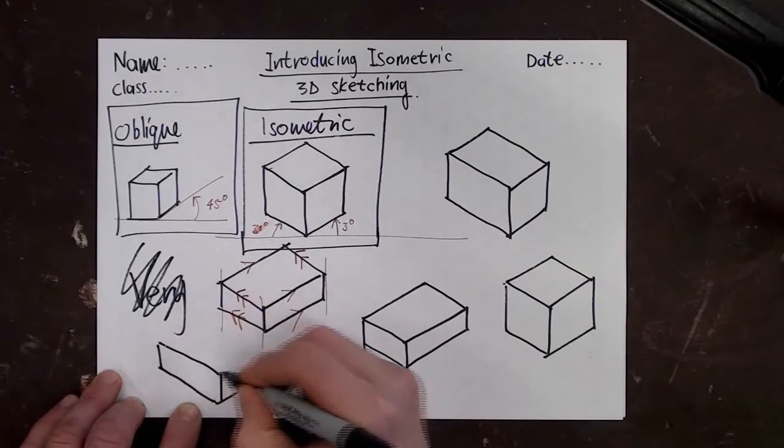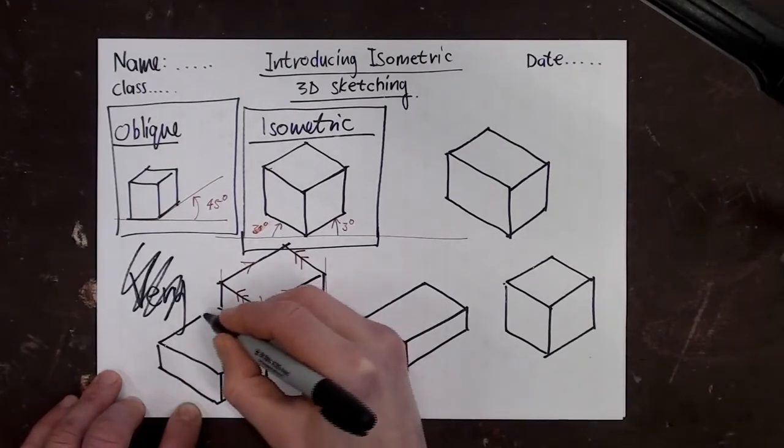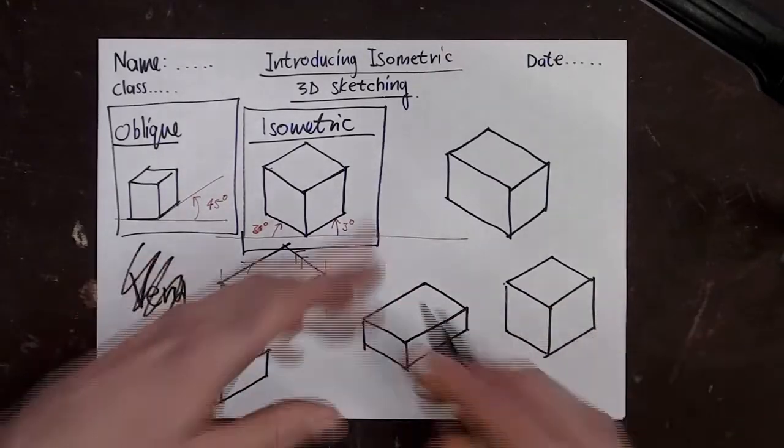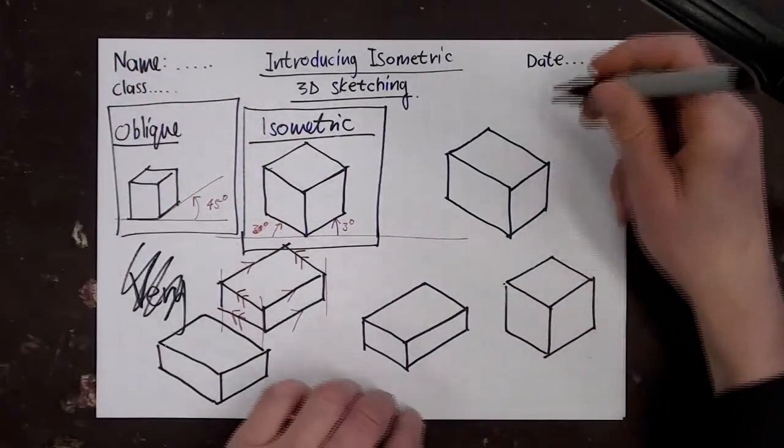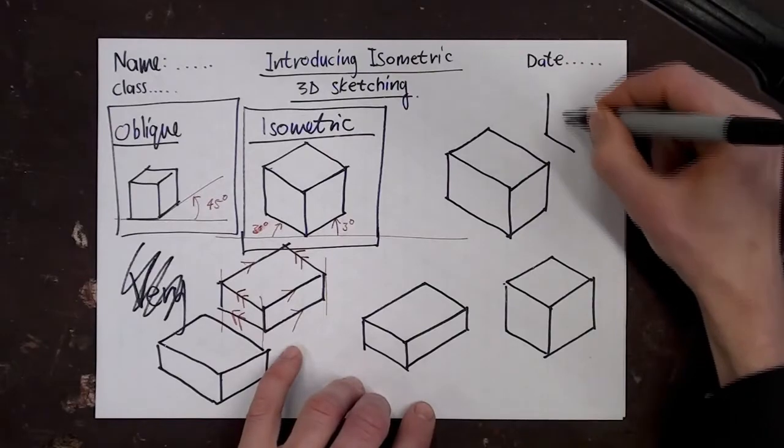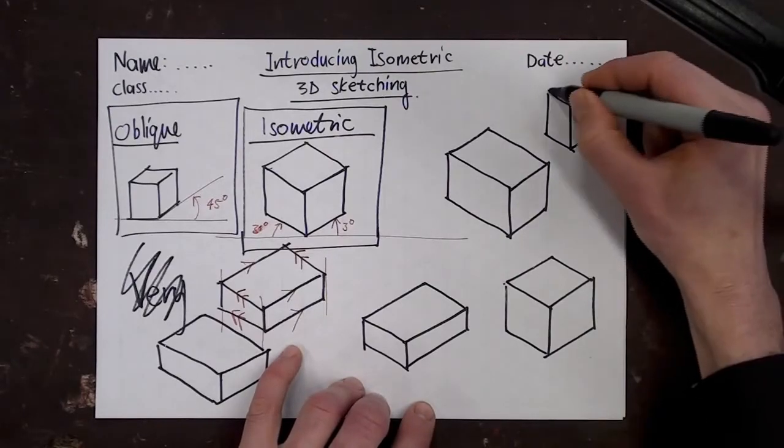Because I've done this for a long time, and for example, if I were showing you the work of my year 13s, or my year 12s, they don't need to use this grid paper anymore because they have learned.